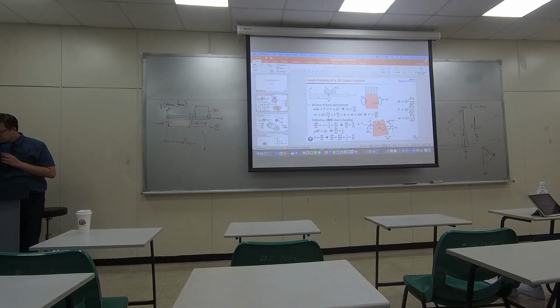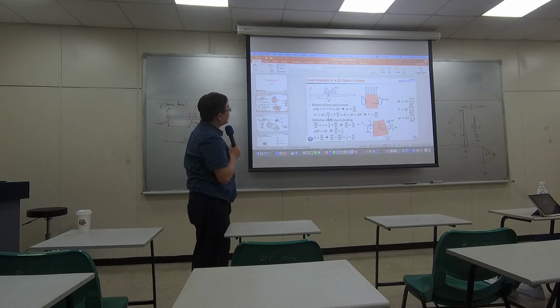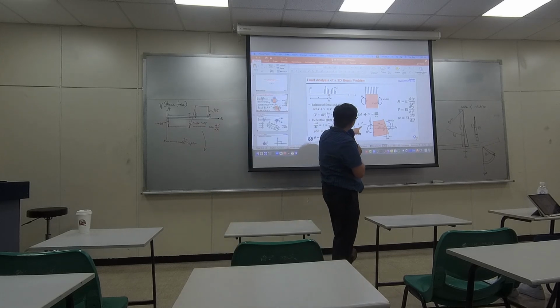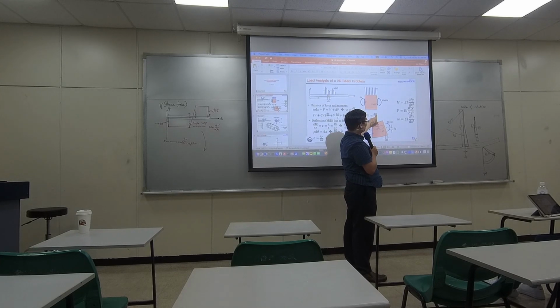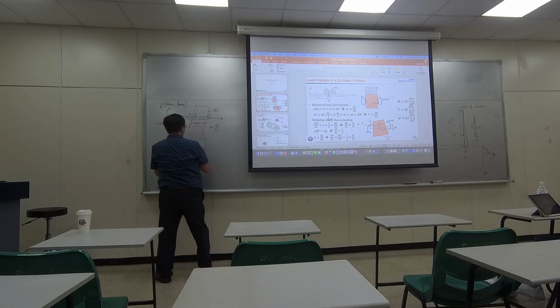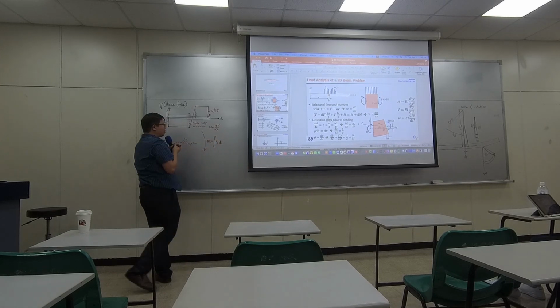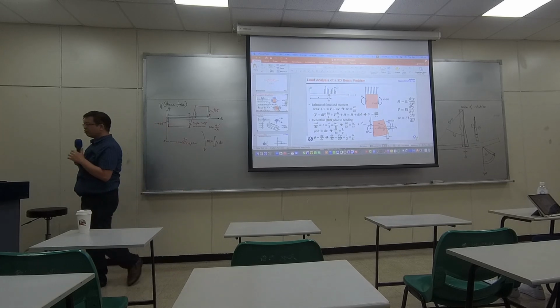Because we know if you take the integral of V, then you have the moment. So M equals the integral of V dx. That's what we are going to do.